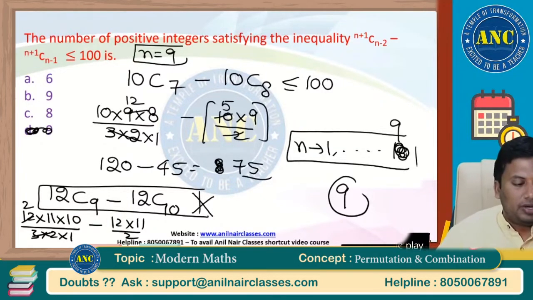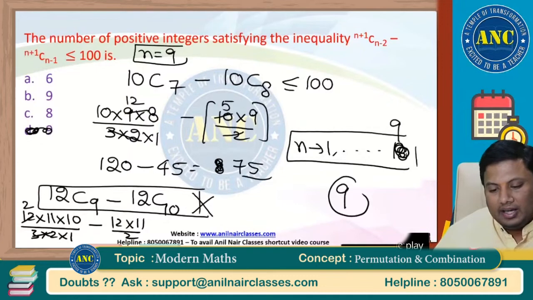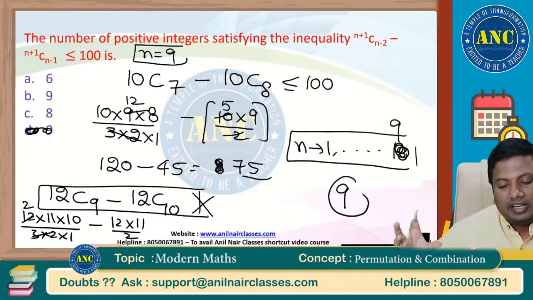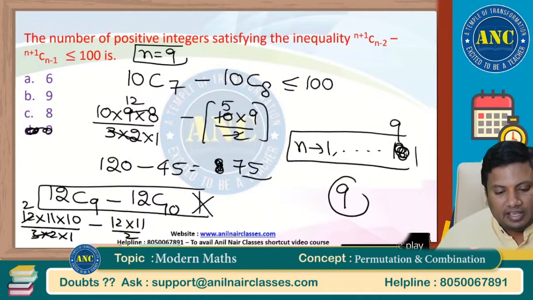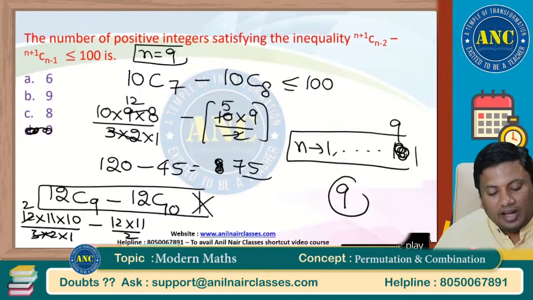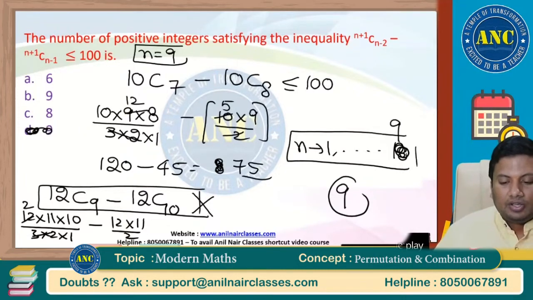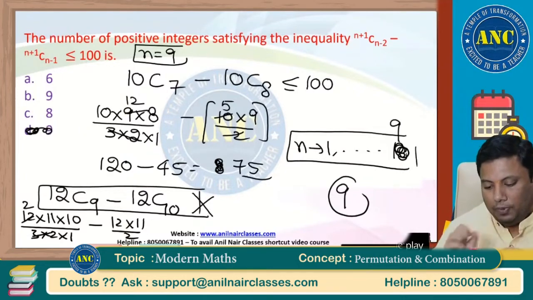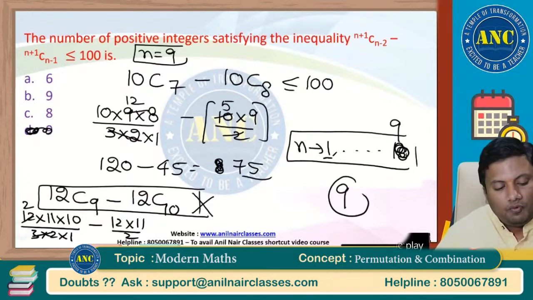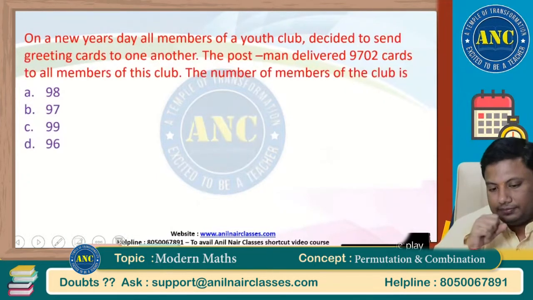Just by substituting the answer option, you will get the value. Only thing here you need to be good is in the value of 10C7, 10C8 and everything. If I take n value as 11, this value is exceeding 100. So, n value, positive integer starts from 1 to 9, I will get the answer.